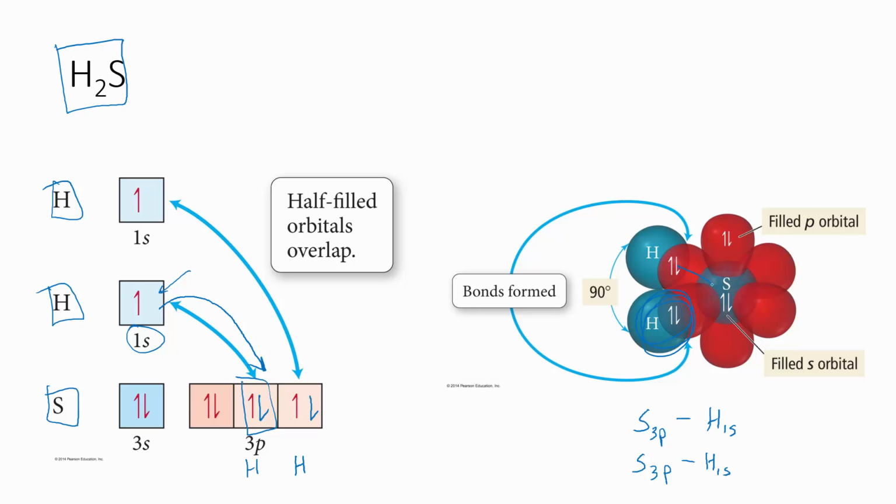The bond angle that would form from that would be about 90 degrees, as opposed to the hybridized models we've been looking at a lot more when we talk about shape. These are unhybridized and actually are about 90 degrees. If we measure it, we'll find it's about 92 degrees between the two hydrogens.